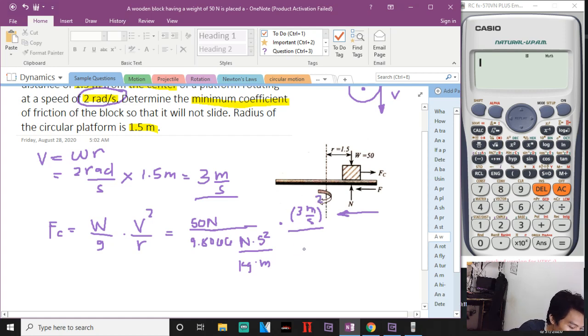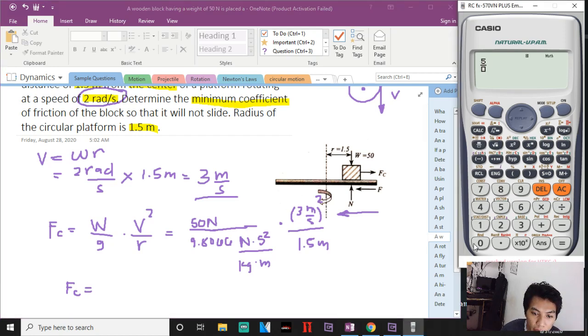That is 1.5 meters. Now, Fc will be equal to, calculate natin, 50 divided by 9.8066. Okay? Multiply natin ng 3 times 3. That's 3 squared. Divide natin na lang ng 1.5.